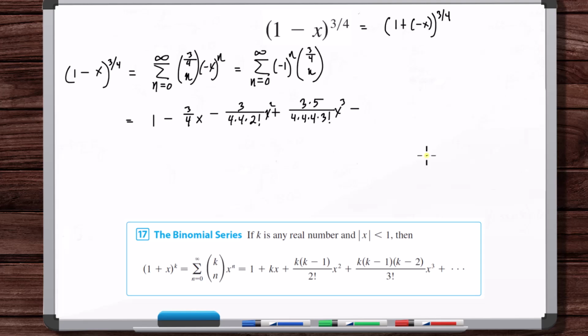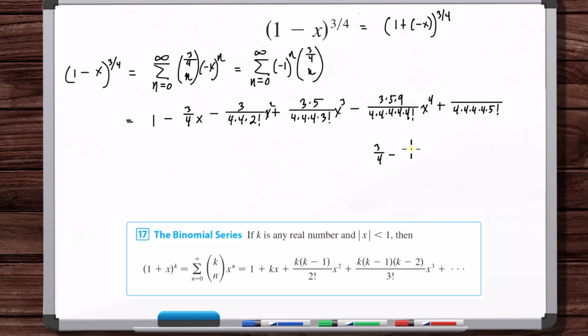And then 3 times 5 times 9. Let's go one more. So we're going to have 4 times 4 times 4 times 4 times 5 factorial. And then 3/4 minus 4.